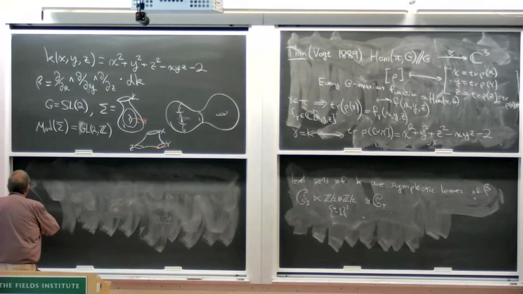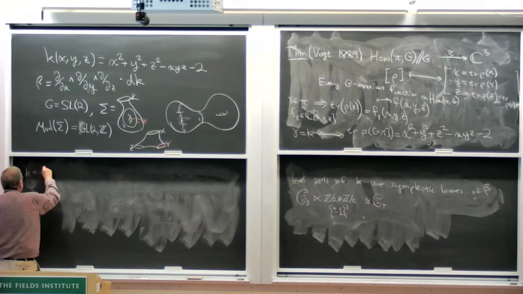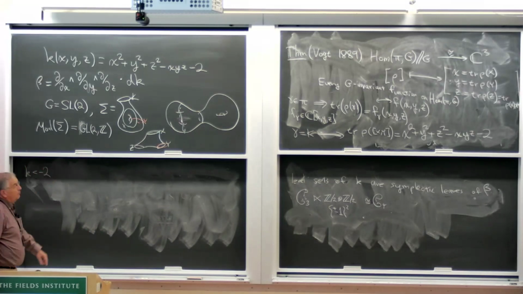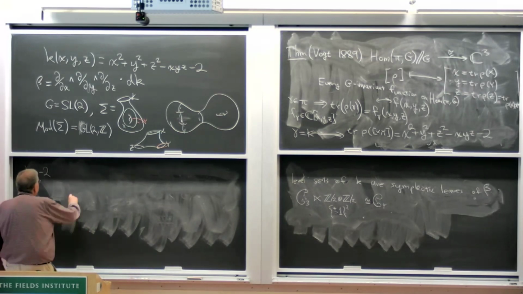So let's start with k less than -2. It's easy to check that the critical values of k are plus or minus 2. So those are the places where the topology will bifurcate. K is less than -2.